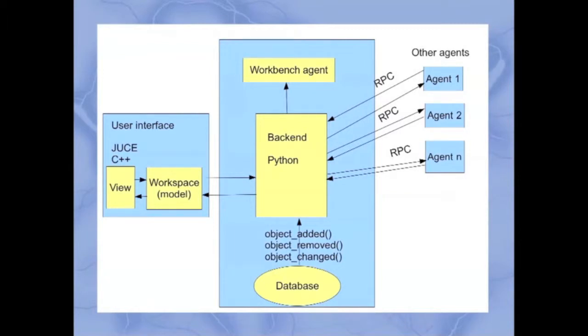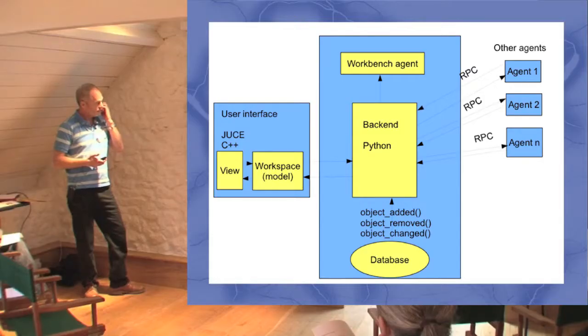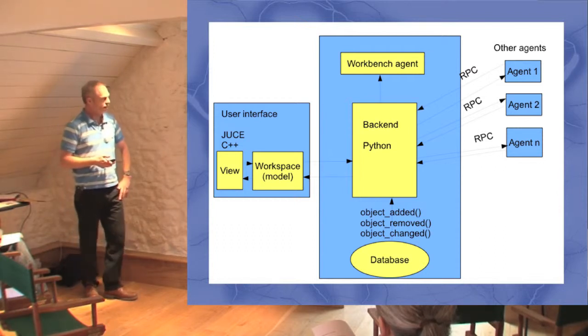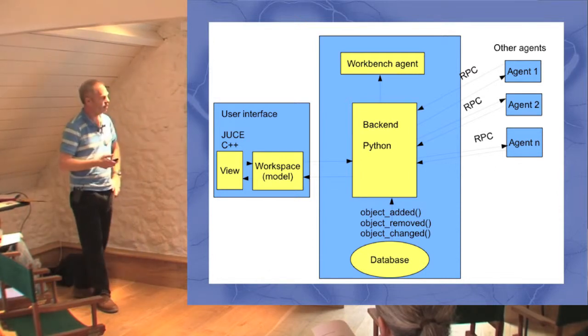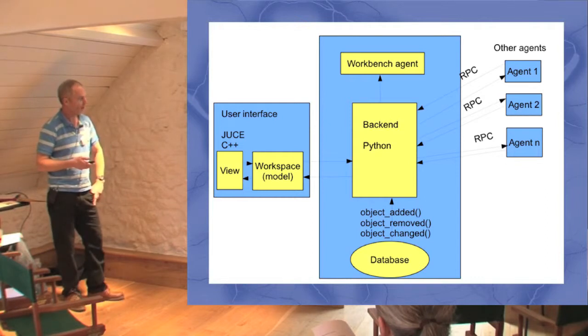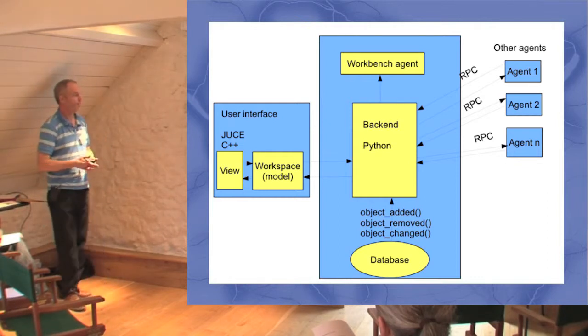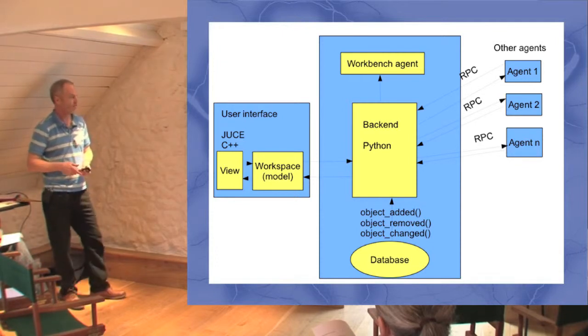So what we've got with the Workbench is a user interface written in C++ using Juce, the GUI framework, and that talks to a backend in Python with its own Workbench agent, which is an agent like the other agents.